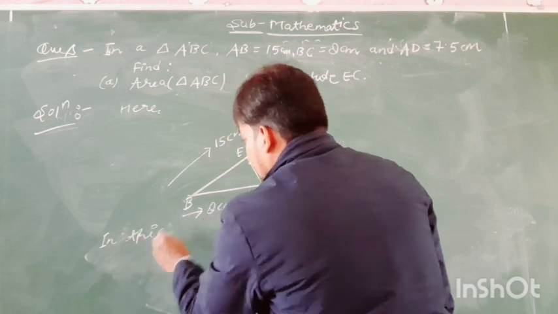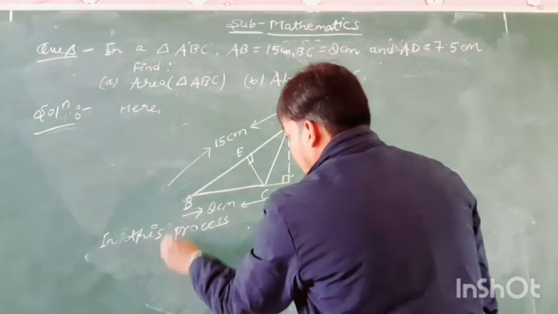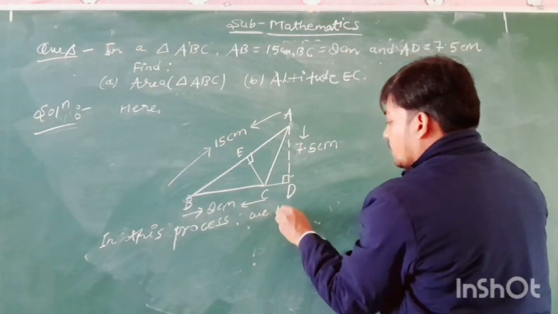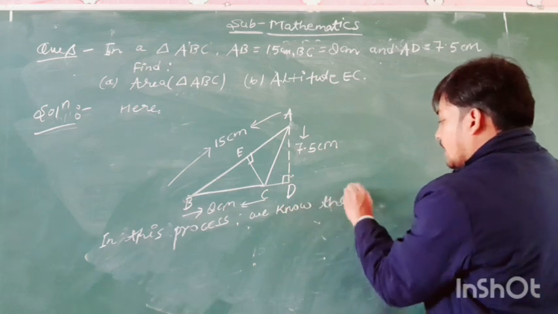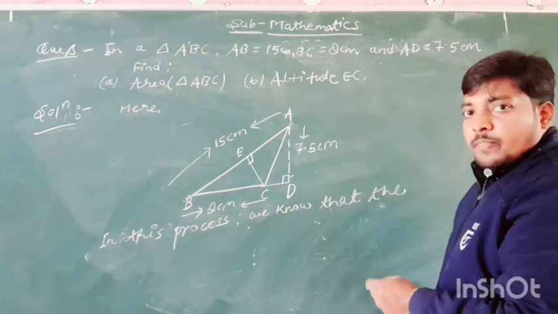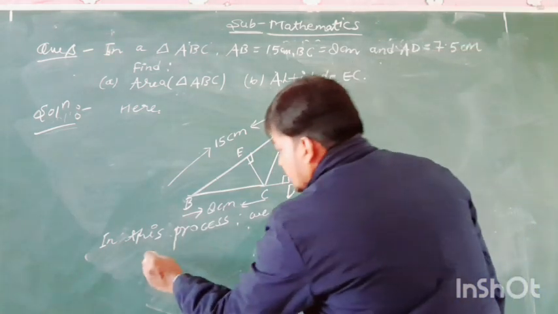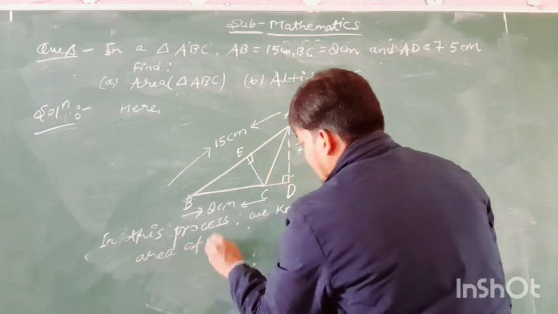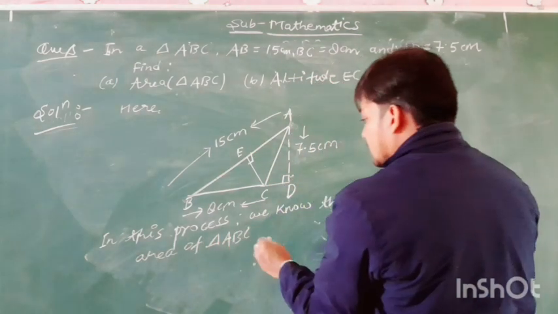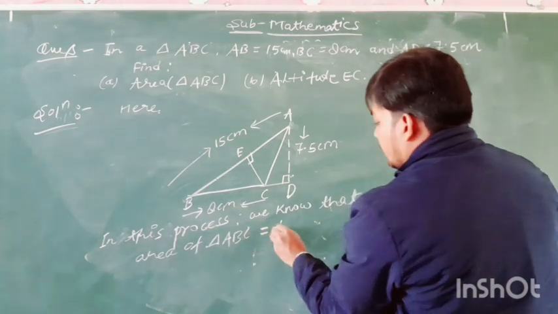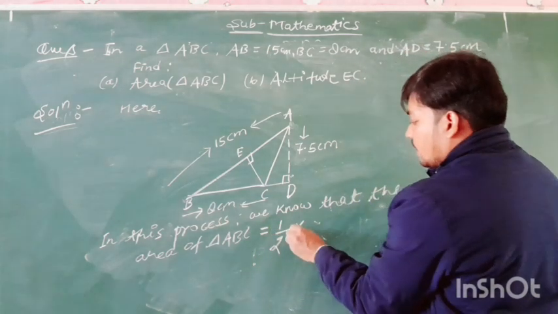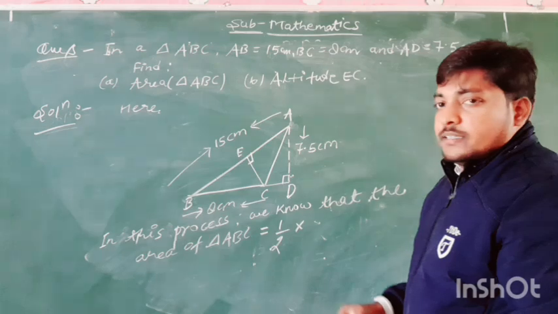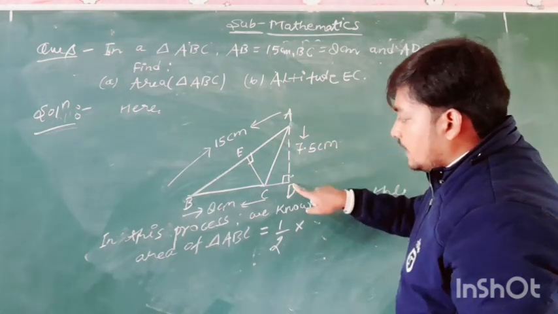We know that the area of a triangle ABC, which is equal to 1 by 2 into, if you consider base BC, then the height will be AD.